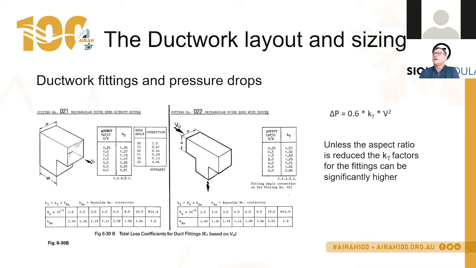So that's the height to width ratio. So you can end up with significant static pressure losses based on KT factors of fittings, etc.